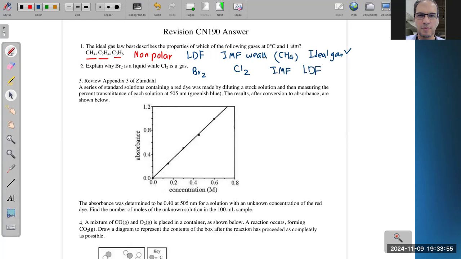The strength of the London dispersion forces in them depends on the electron cloud. Since this one has more electron cloud and is more polarizable, it will have stronger attraction forces. That's why it will be available in the liquid form, while this one will be available only in gaseous form.